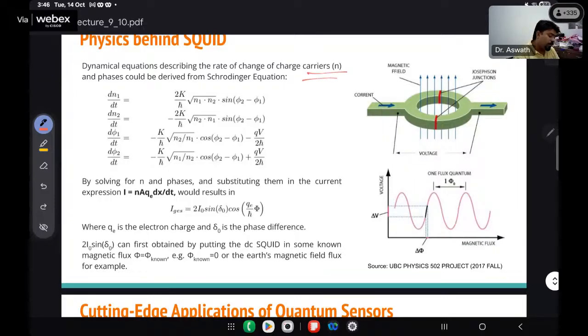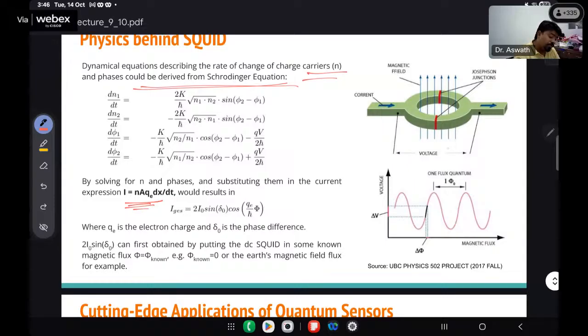The phases could be derived from the Schrodinger equation, and the current is given by the conventional expression, n A q v. That is the current equation.